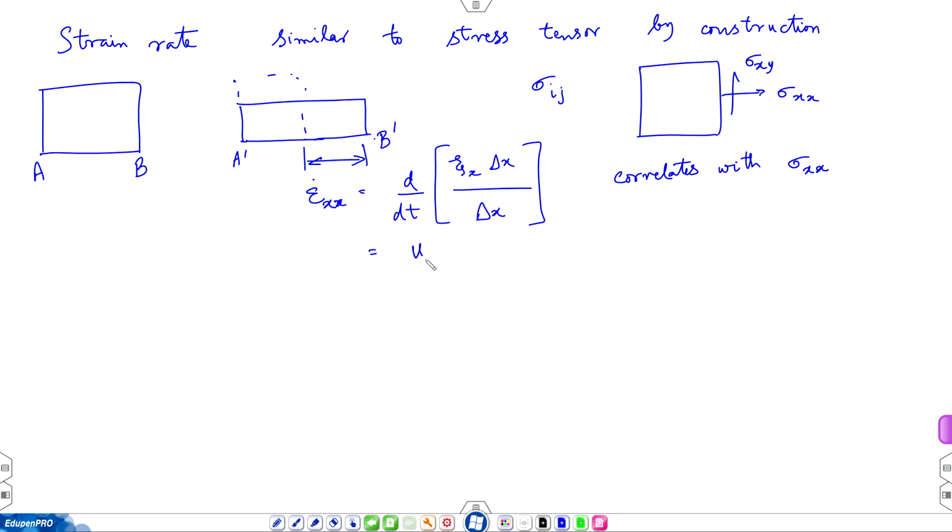And this is equal to u_x. This u suffix x is the derivative of u with respect to x, a partial derivative.